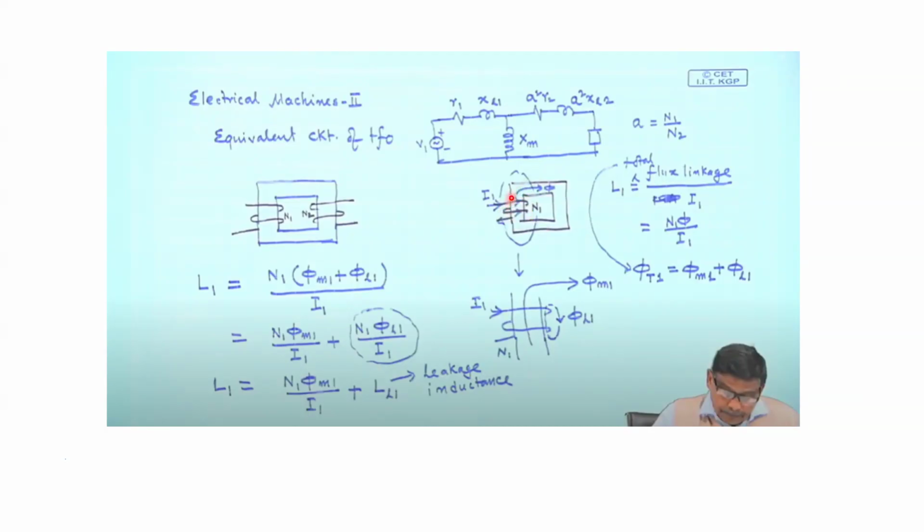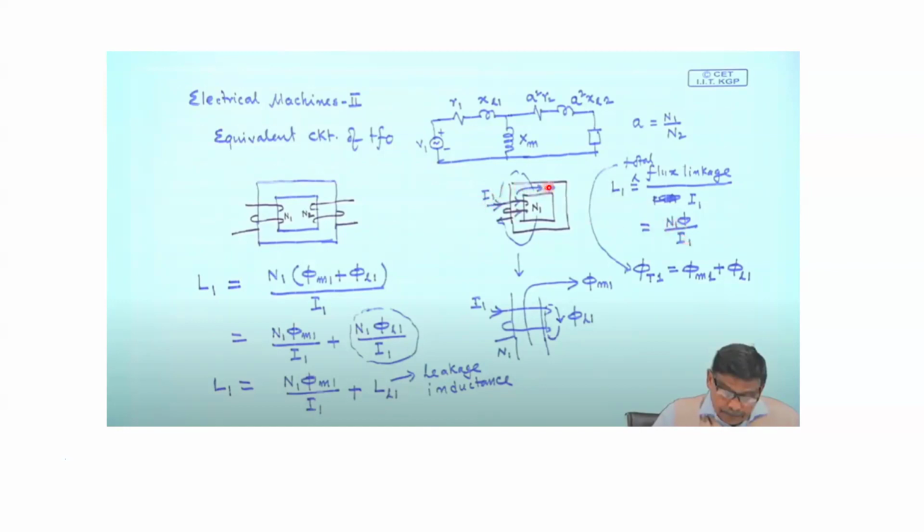Let us say this flux phi is the one which is linking the winding N1. So this becomes N1 into phi divided by I1, because N1 is the number of turns for this winding, and phi is the flux linking the winding. And why is the flux there? Flux is there because of this current I1.